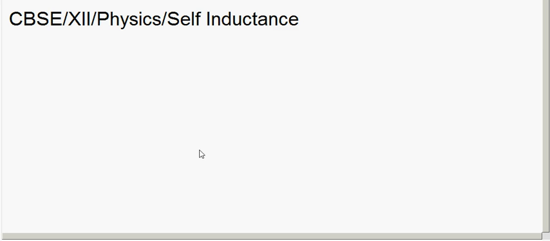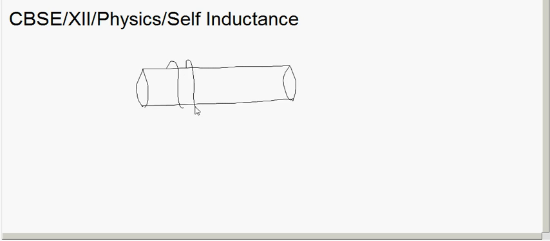So let me draw a coil. Now we will consider a coil. Here is my coil, or a solenoid, whatever you call it, and let us say there are n number of turns in this coil.